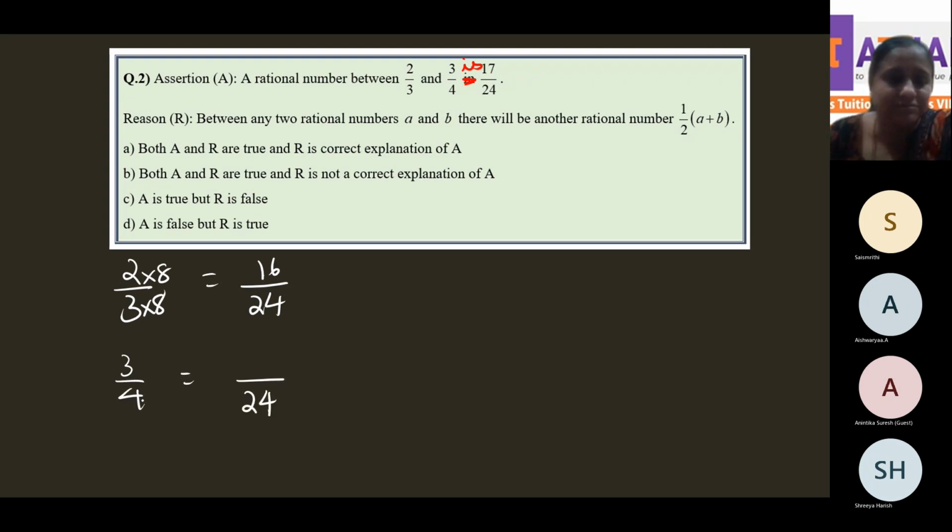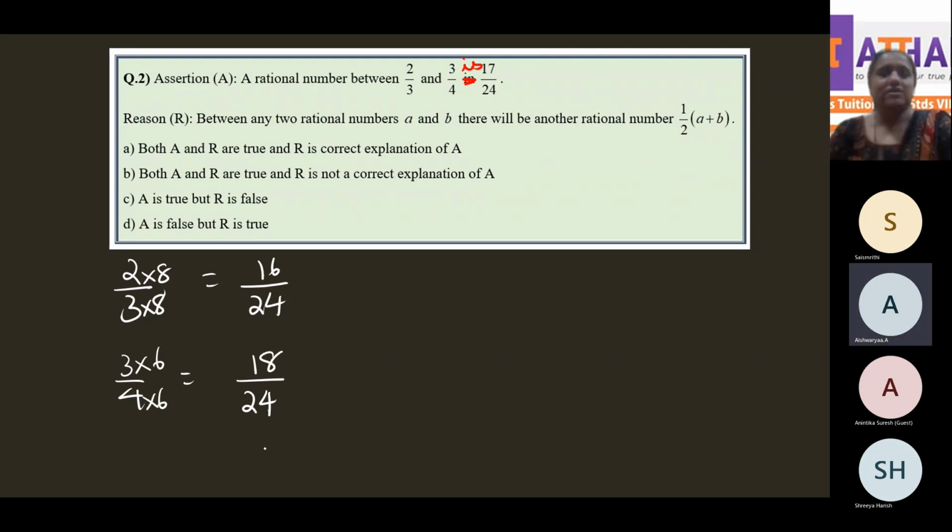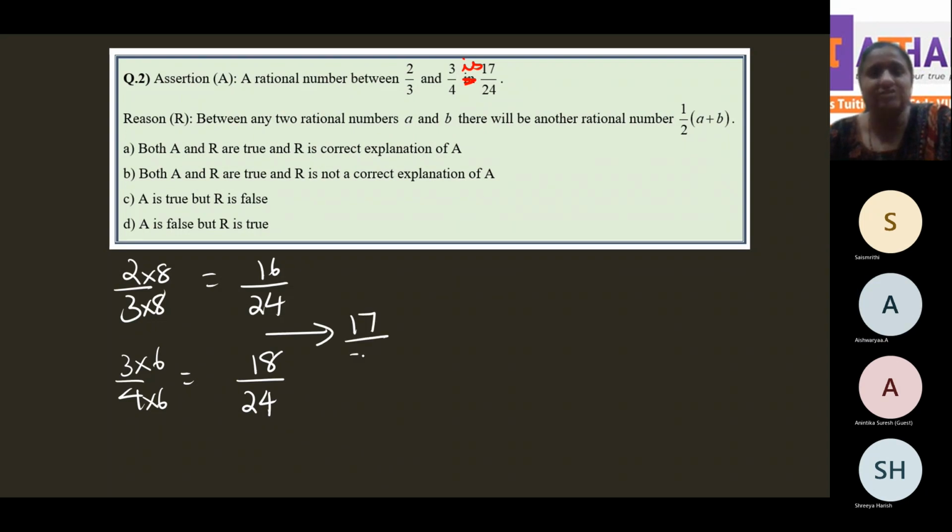So what will it be? Yes, ma'am, the assertion is true. You can see 17 by 24 is between 16 by 24 and 18 by 24. Very good. So that's right.